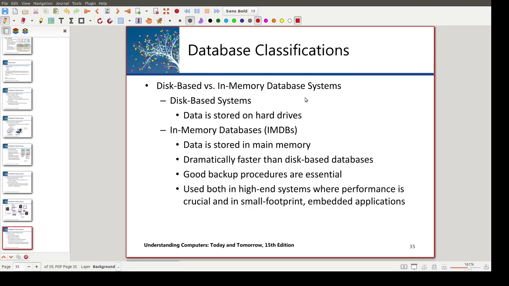The original one is the disk-based system, where the data is stored on hard drives, and we have in-memory databases, IMDBs. Data is stored in the main memory, which is dramatically faster, because memory is much faster than the disk. Good backup procedures are essential because memory is a volatile type of data storage, while the hard disk is much more stable.